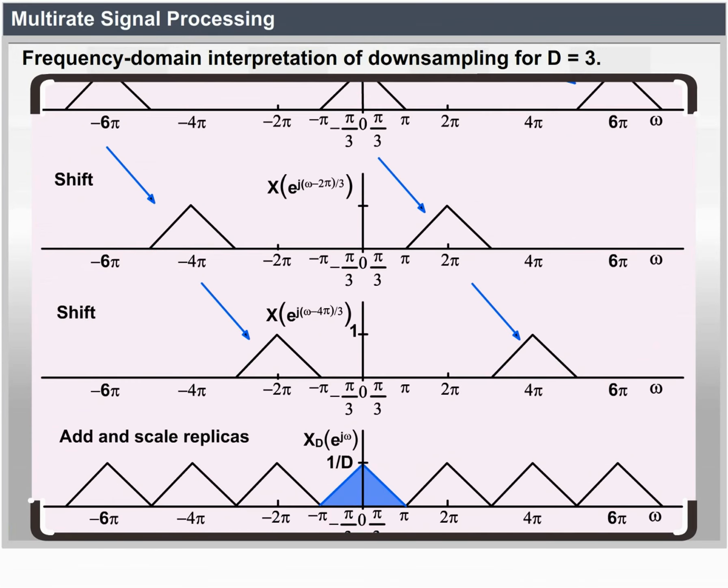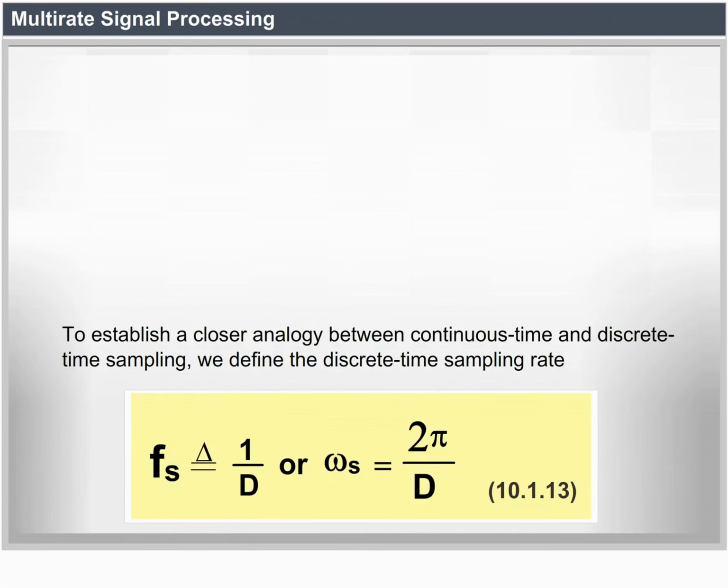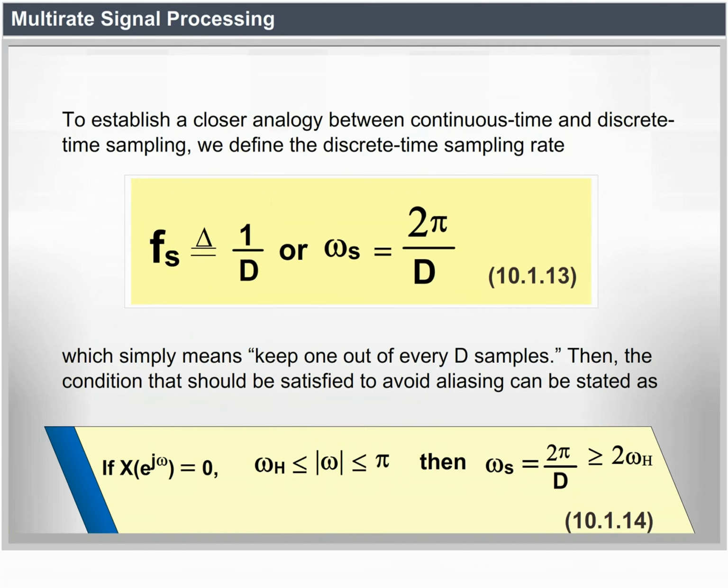To establish a closure analogy between continuous time and discrete time sampling, we define the discrete time sampling rate f_s approximately equal to 1/d, or ω_s equal to 2π/d, called equation number 10.1.13, which simply means keep 1 out of every d samples.